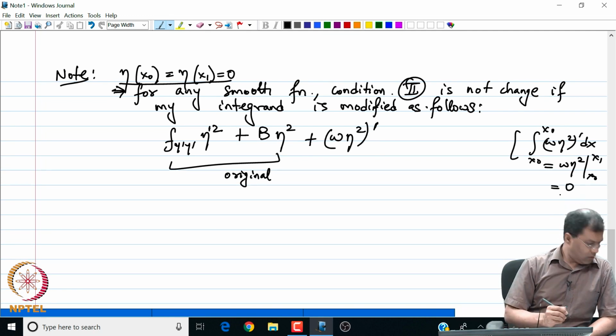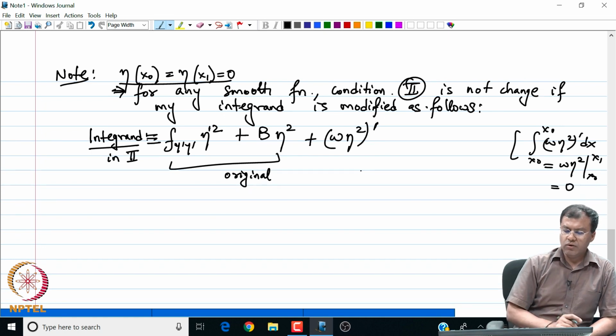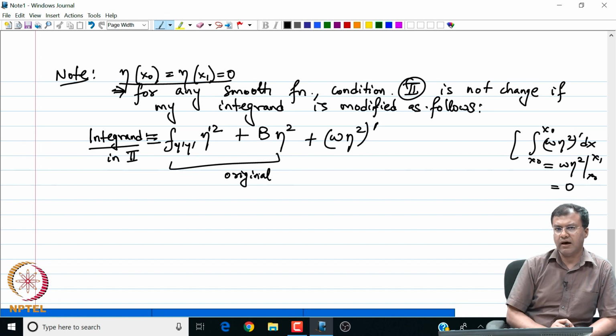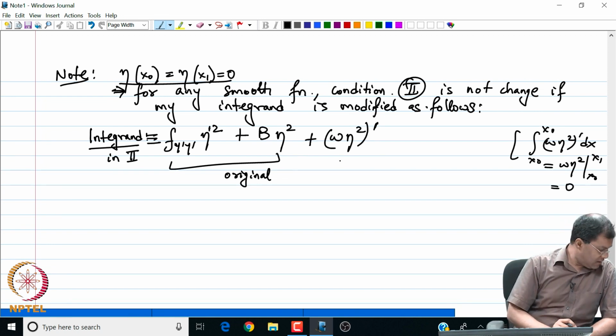So the integrand in our 2 is identically equal to this new integrand. The new integrand includes this additional quantity, which is not going to change our integral.